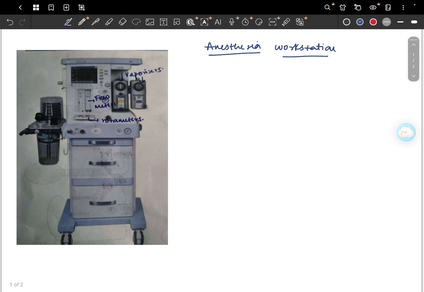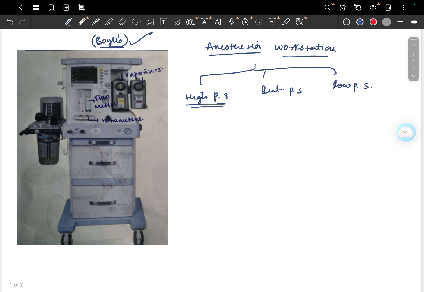It consists of three things, that is high pressure system, intermediate pressure system and low pressure system. It works on the basis of Boyle's principle or Boyle's law. Just remember this word.